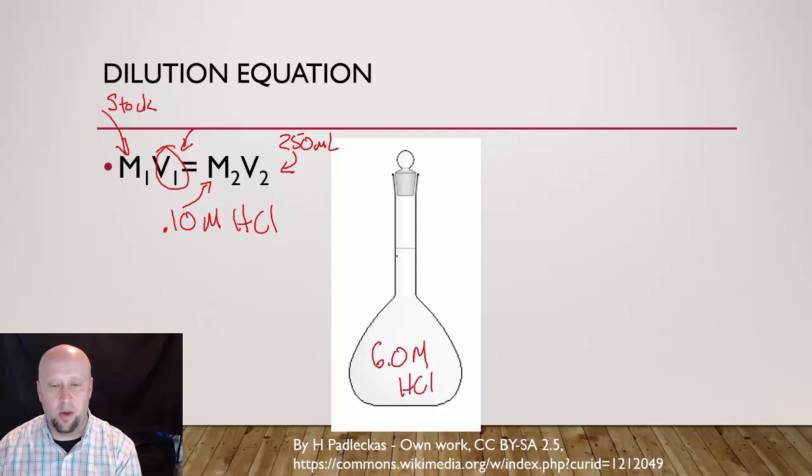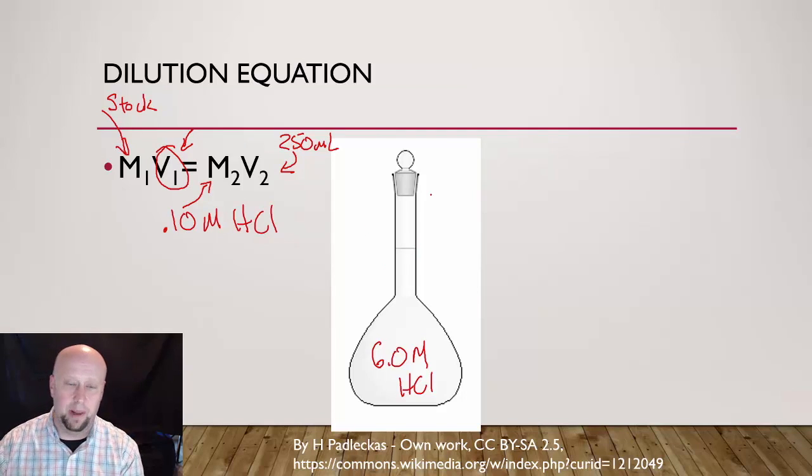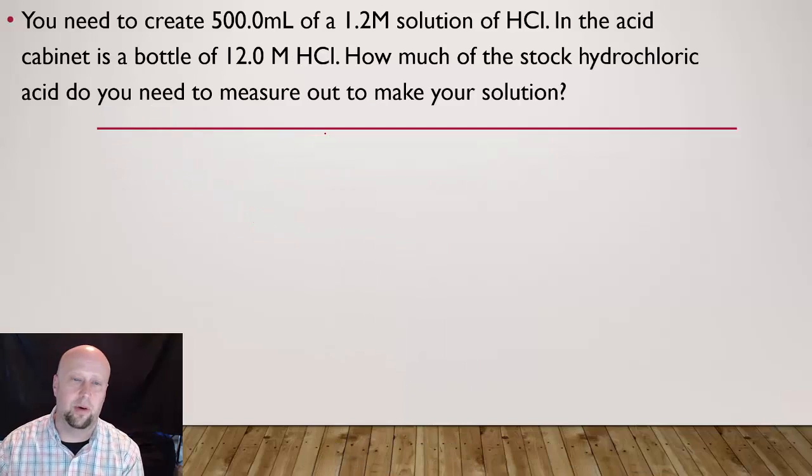Okay, in other words, how much of this guy do I need to go into the cabinet, pour out into a graduated cylinder and measure out so that I could get my final volume of my 250 milliliters. That's how the dilution equation worked. Again, if you've done gas laws and done any Boyle's law stuff, it works exactly the same way. You should have 3 numbers available to you and 1 number is a variable, and then you just solve for that last variable. So let's work one of those.